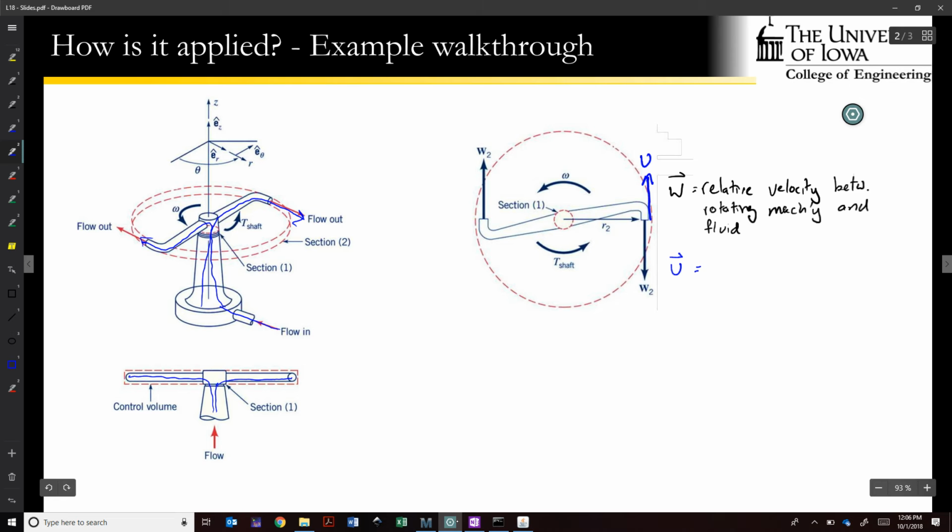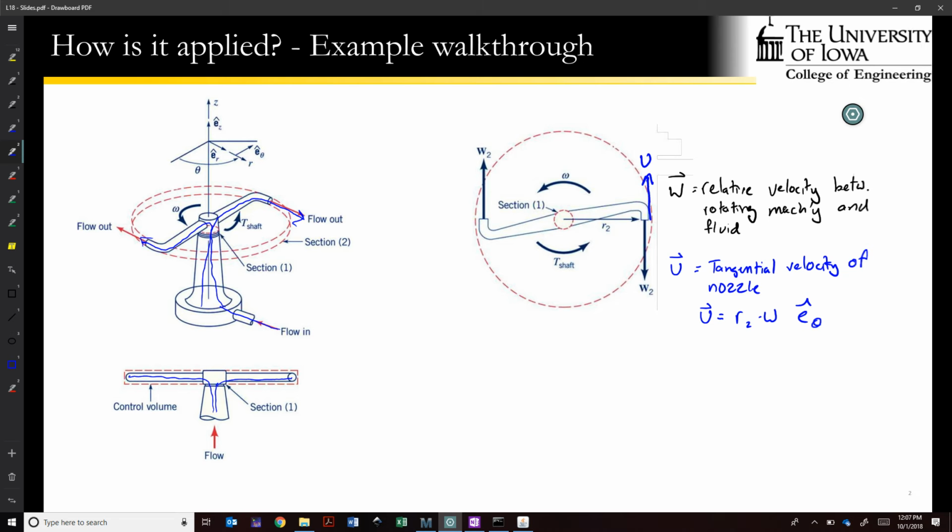U is the tangential velocity of the nozzle, where the vector u is equal to the distance from the origin, the point of rotation of the nozzle, times the rotational speed of the nozzle, times the unit vector in the angular direction.